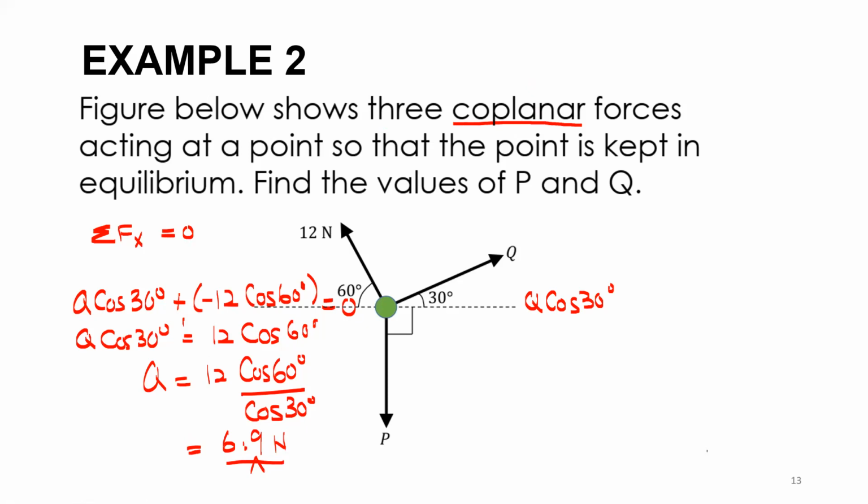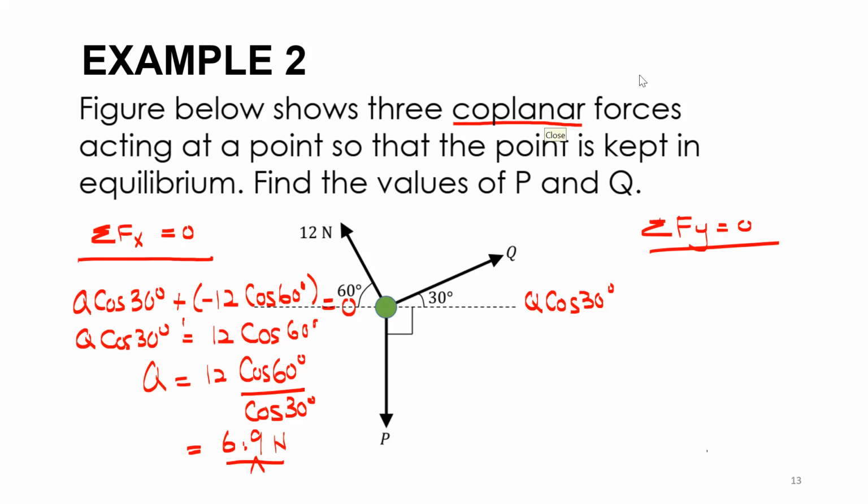Okay, students. Then we'll go for Y. So this is for your X. So the resultant for the Y also must be equivalent to 0. So you try to draw a vector diagram.